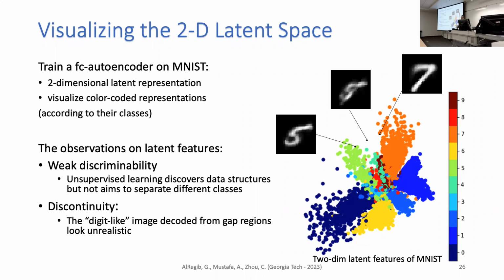It doesn't really exist in reality. It doesn't mean this is a linear combination between 7 and 5. This could be a non-linear combination between 7 and 5, because we cannot really tell what kind of combination it is. But we can hypothesize that it looks like a 5 in some aspects, but looks like a 7 in other aspects.